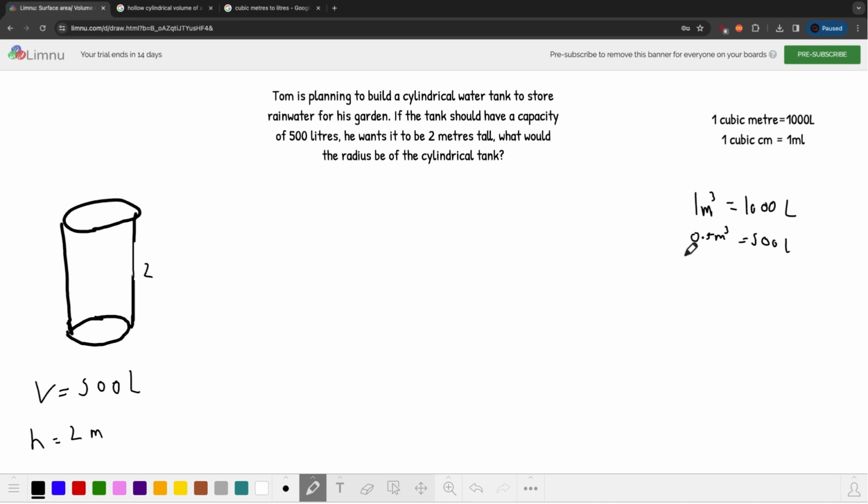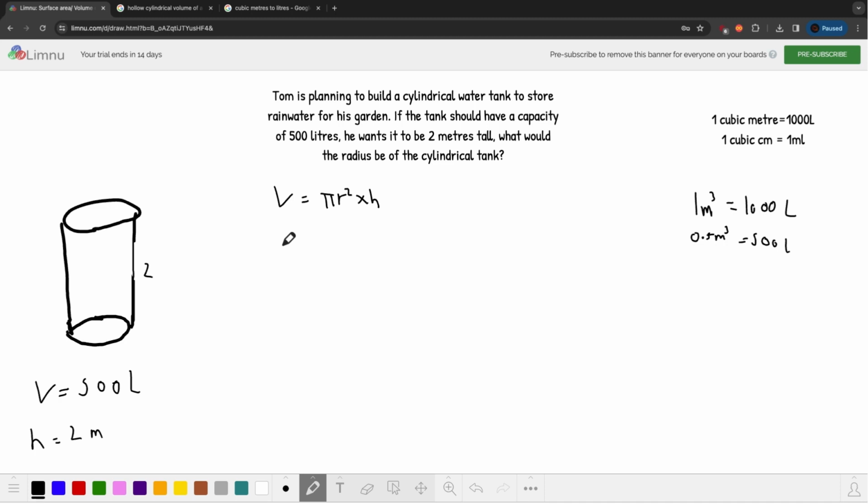Now that we have converted that liters into meters, let's write everything we have right now. So we now know that the volume is pi r squared times h. So let's put all this information in an equation.